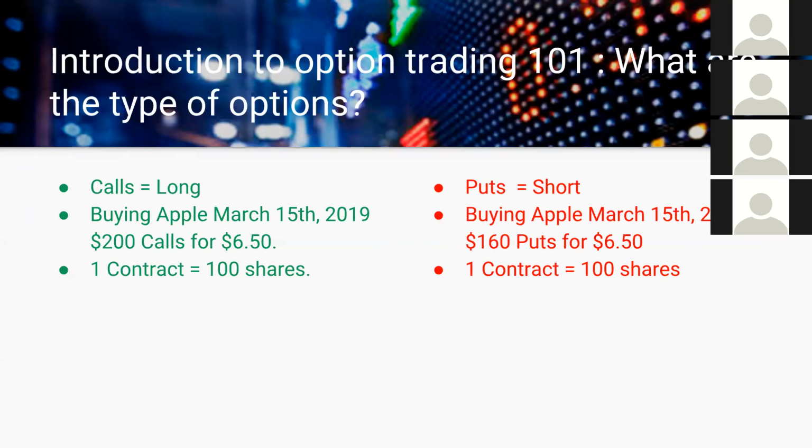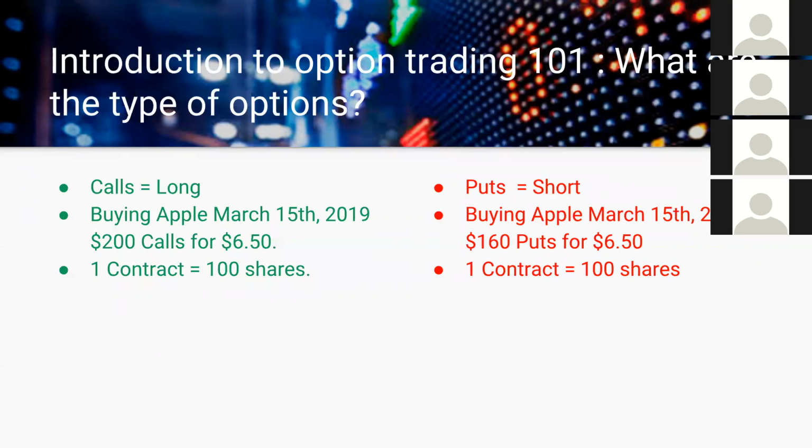If the stock of Apple, at or before the day of expiration, for example, goes to $220, your option will be worth around $20, which represents a gain of over 200%. That's amazing. On the other hand, if the stock of Apple is below $200 on expiration, and you still didn't sell the option prior to the expiration, your option will be worthless, and you'll lose the entire investment.